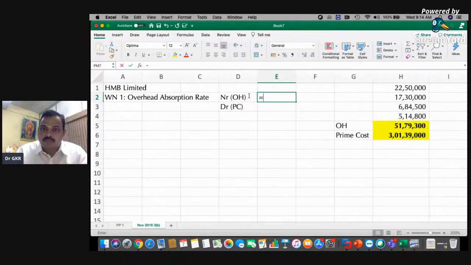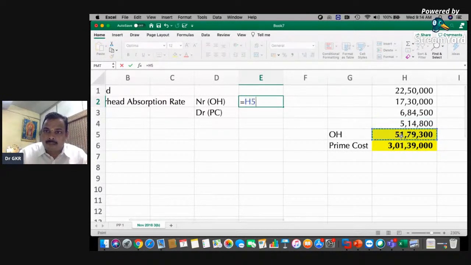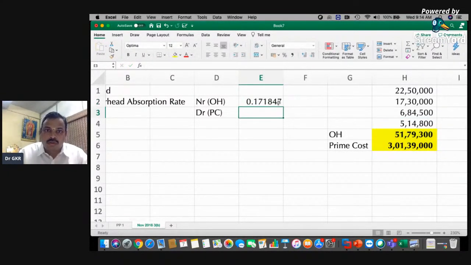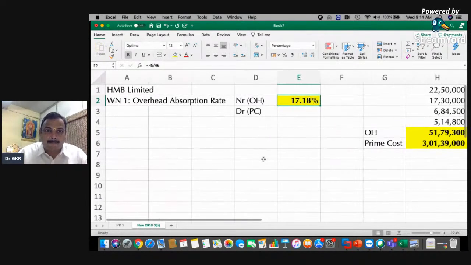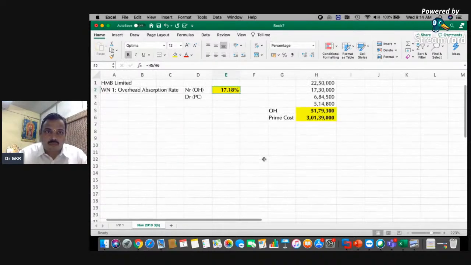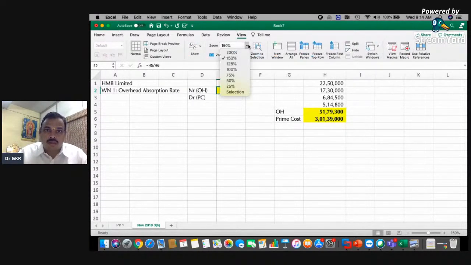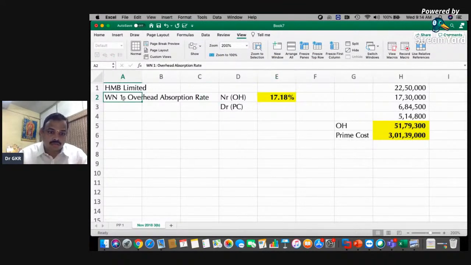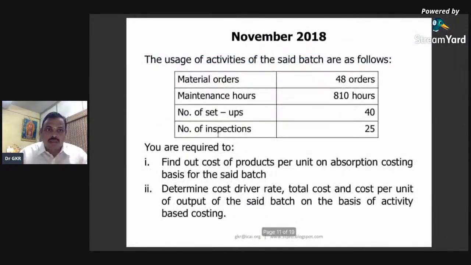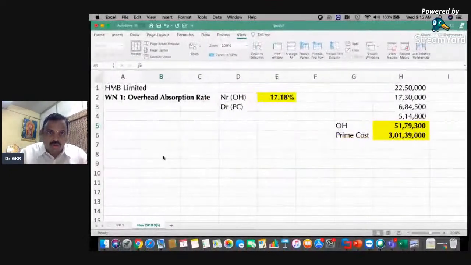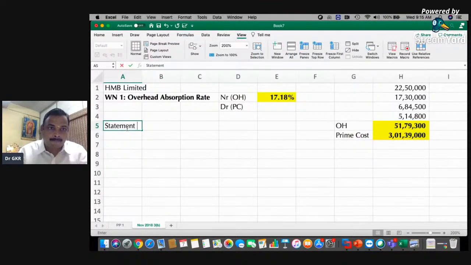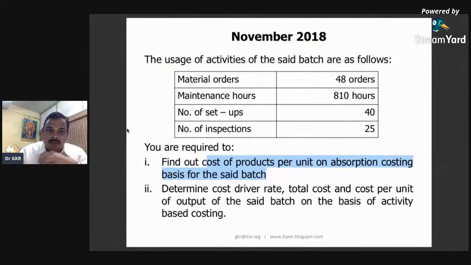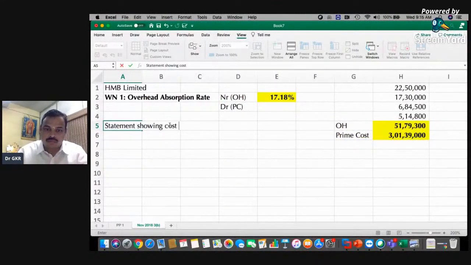What is your numerator? 51 lakhs. What is your denominator? 3 crores. So it is 17.18%. So this is your overhead absorption rate. Good. So this is your working. Now based on this, you need to find the cost per unit of the batch. So a statement showing cost of product per unit.